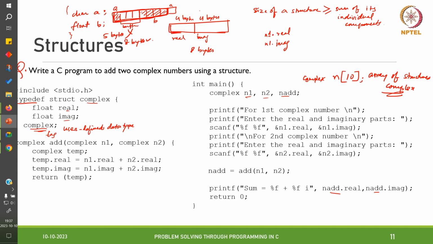The size of its components will be 8 bytes and the size of the structure will also be 8 bytes. But where the components have different sizes, say character and float, the size of the structure will be greater than the sum of its individual components. But to answer your question, they will be stored continuously, but sometimes this buffer comes into the picture.